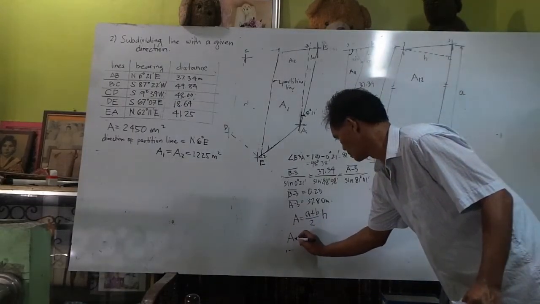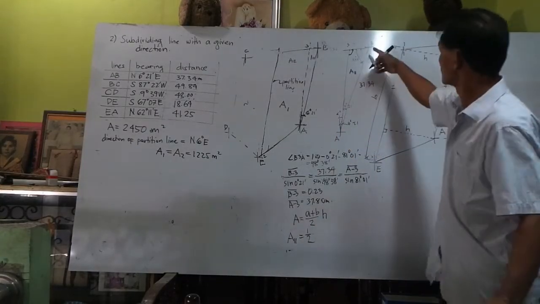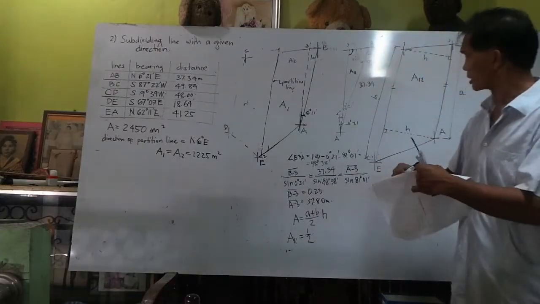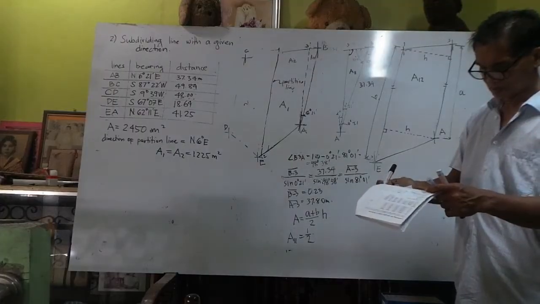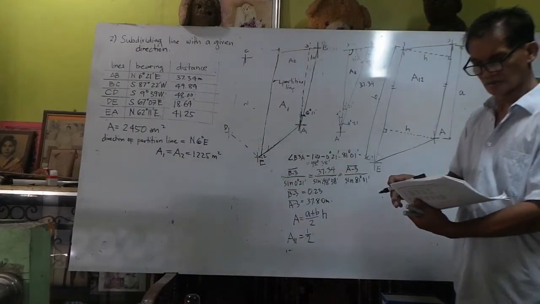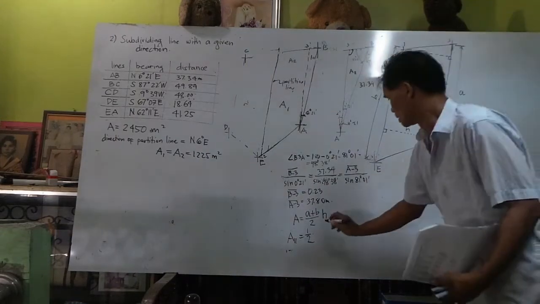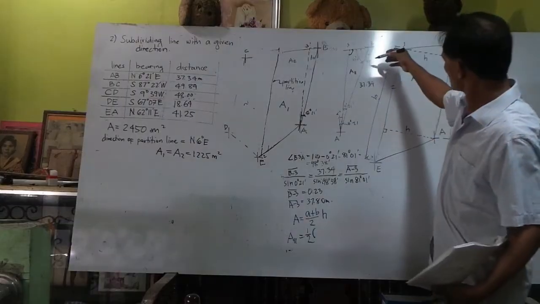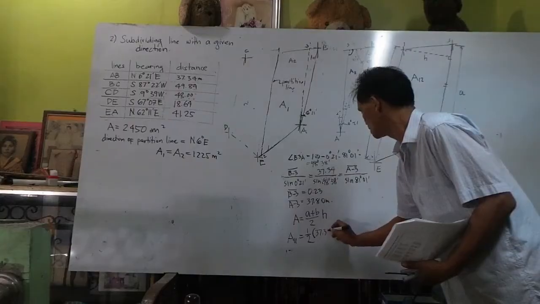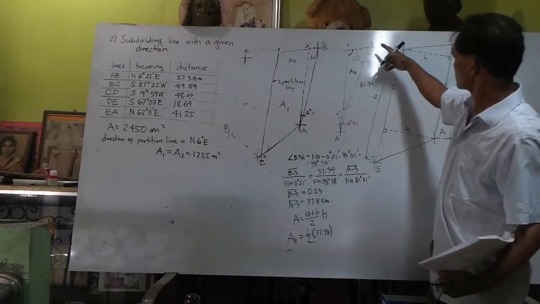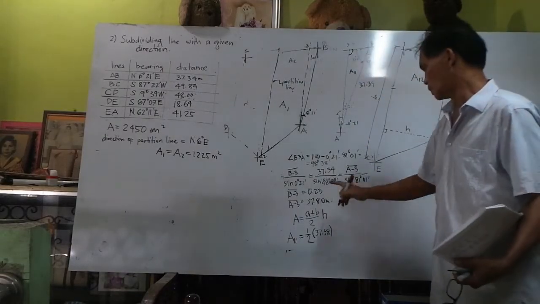So, the area of the triangle A11 is just equal to 1/2 times any side of this triangle. You can use any sides. So if we use the side 37.38, multiply by the other side, B3, which is 0.23.